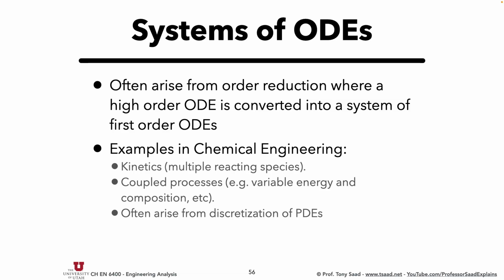Another one is actually some mechanisms, like reaction kinetics, which is a classic example, epidemiological models, and in chemistry, a lot of ways you will end up with systems of initial value problems.